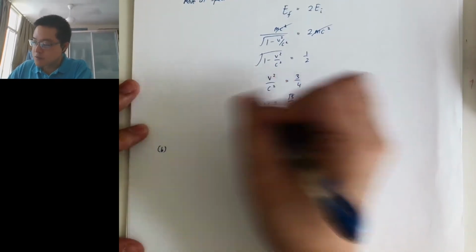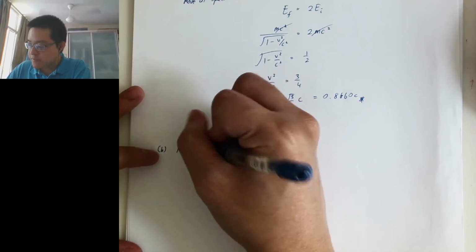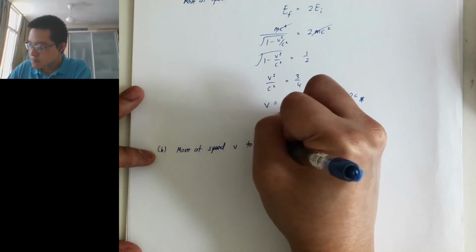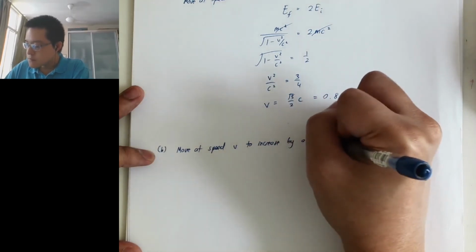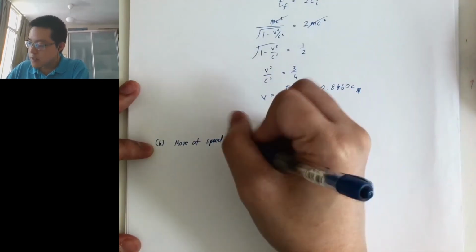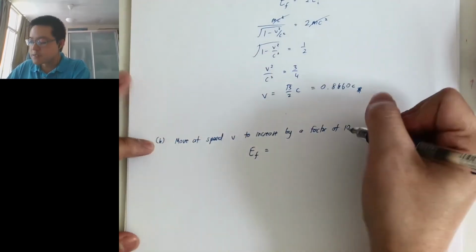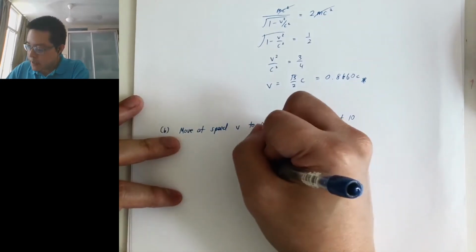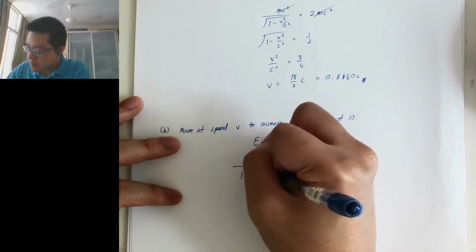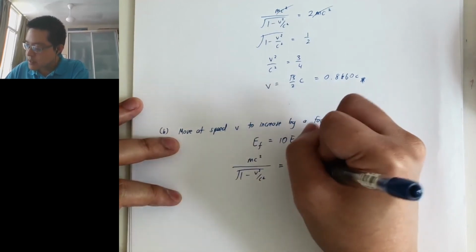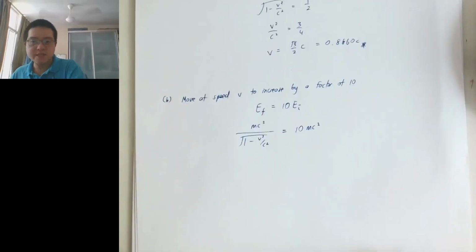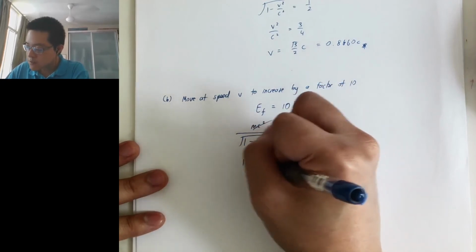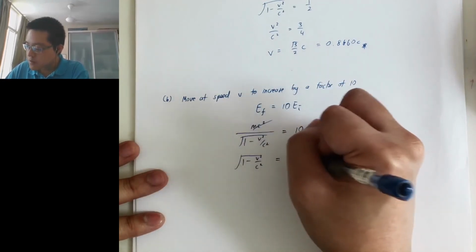What if I want to move at speed v to increase by a factor of 10? That means my final energy at my moving speed v is 10 times my initial energy. So mc squared over the square root of 1 minus v squared over c squared equals 10 times my initial energy. My initial energy is just the rest energy, so 10 mc squared. So cancelling this, I got the square root of 1 minus v squared over c squared is 1 over 10.